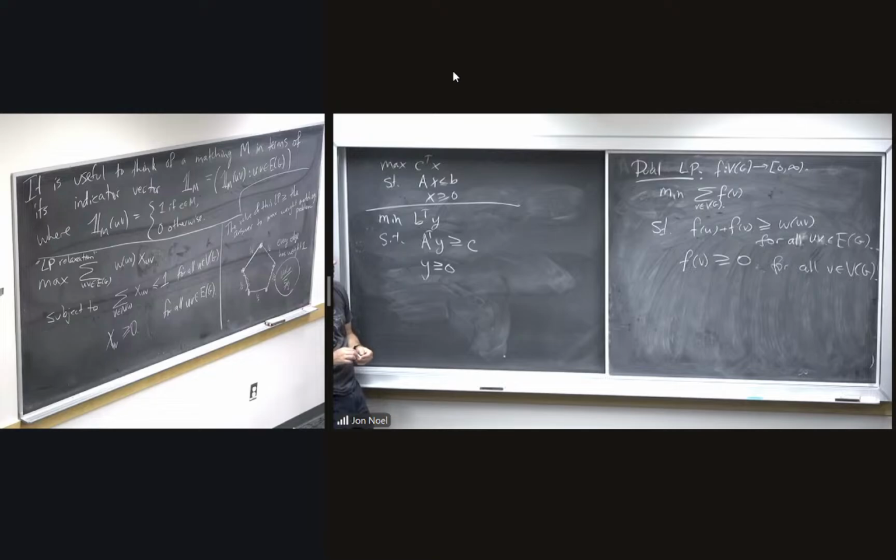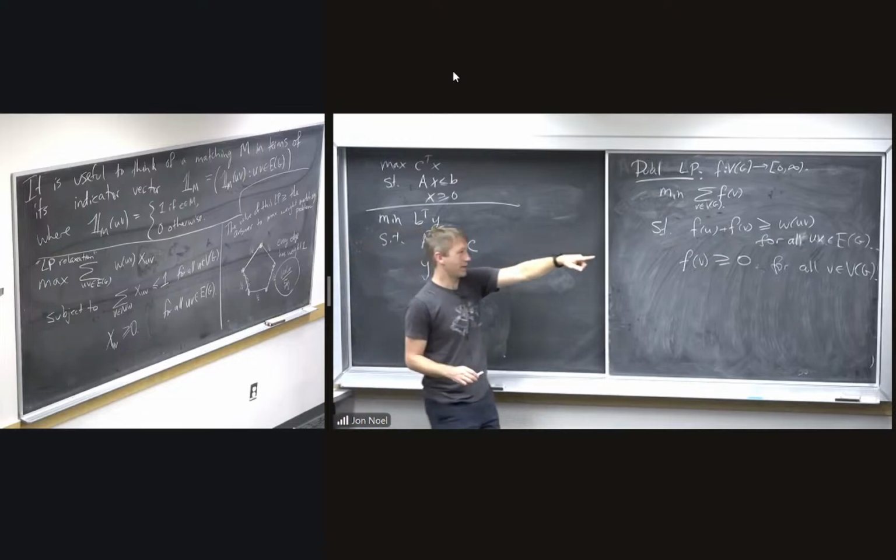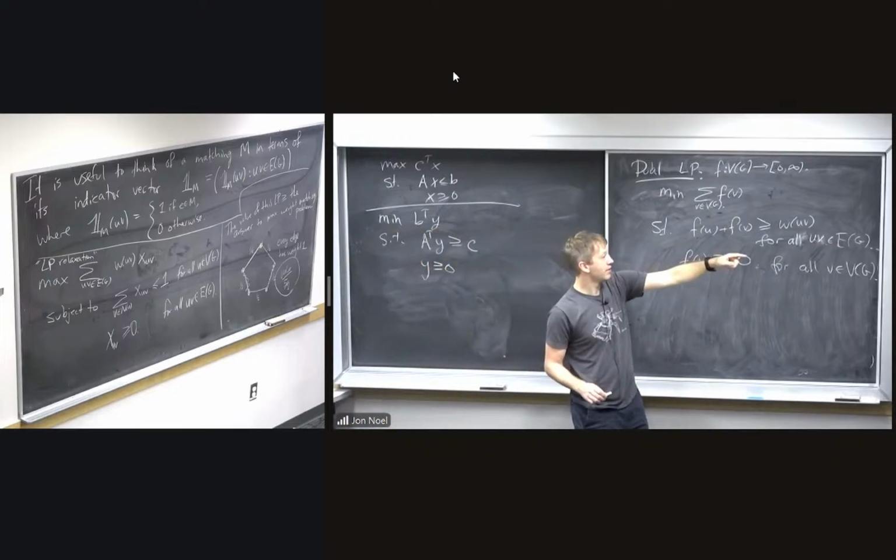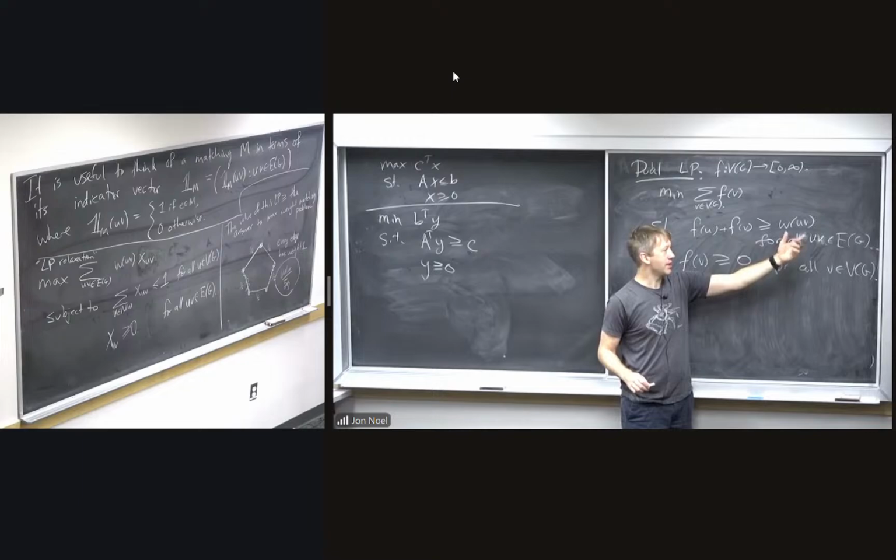Right, because the coefficients in the objective function of your primal should become the constraints in the dual. And that's why over there you had the w_uv in the primal objective function, and in the dual you've got it as a constraint.